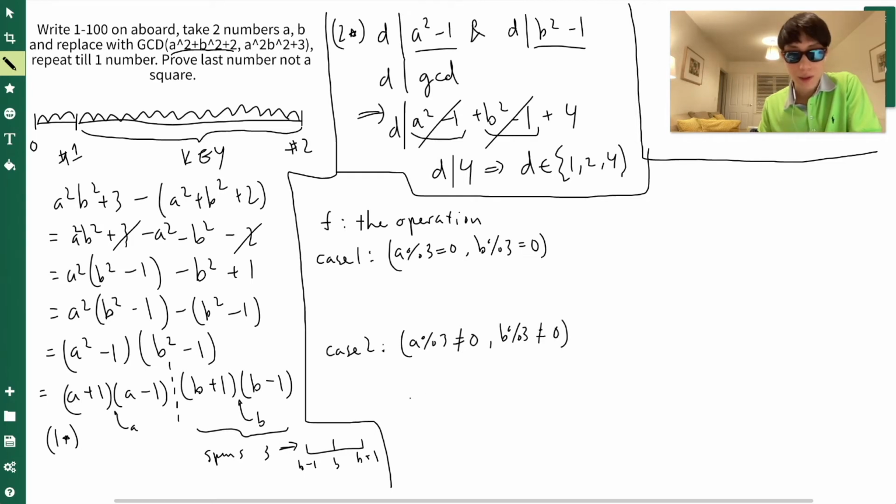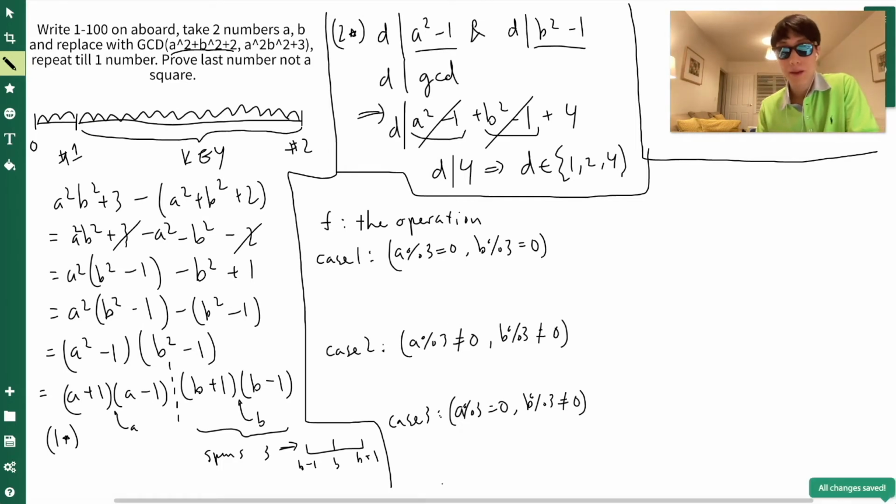And by the symmetry that I just said, we're going to look at this last case, case 3, where let's say just A is a multiple of 3, but B is not a multiple of 3. And this is all the cases.